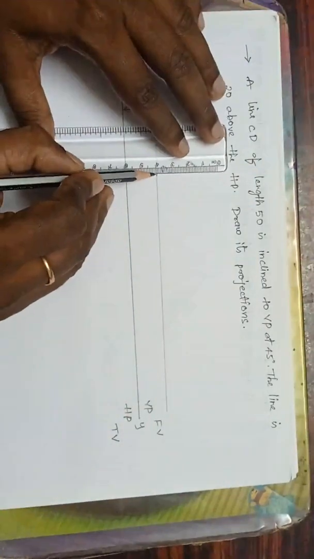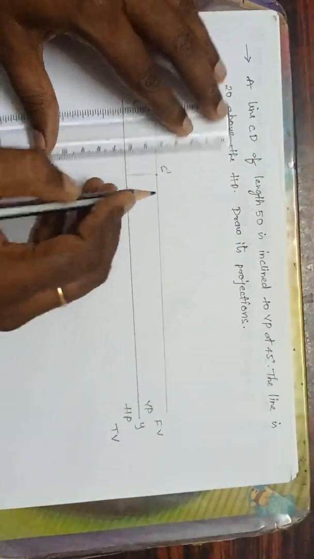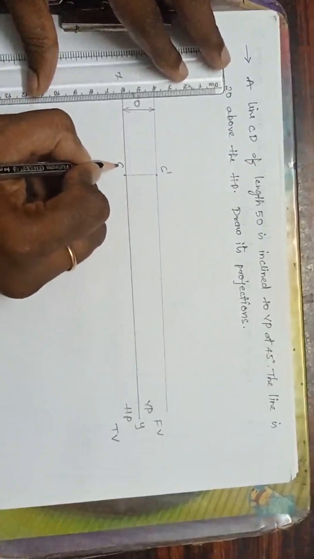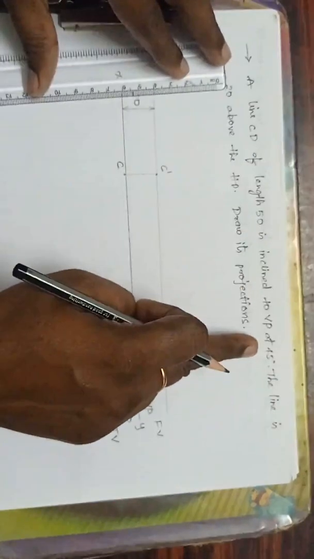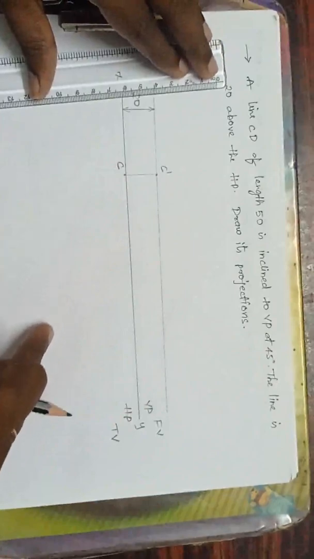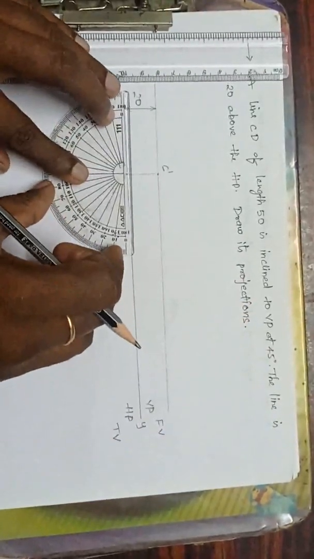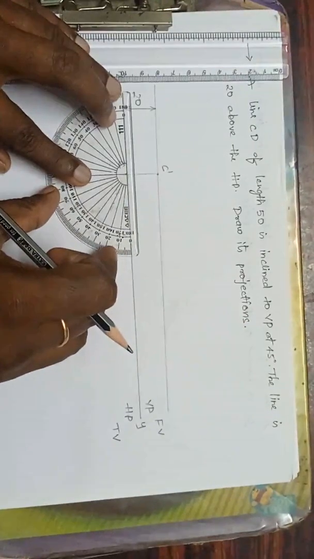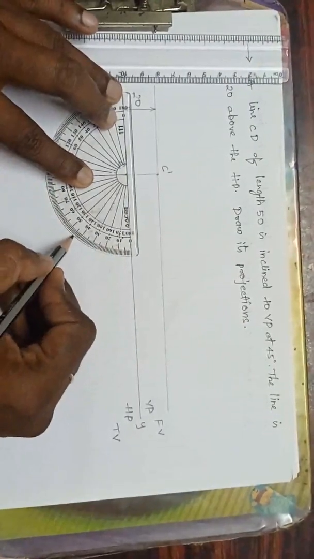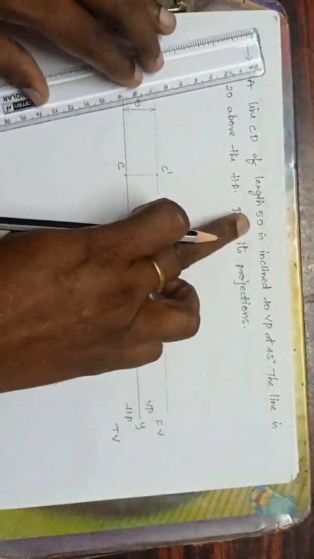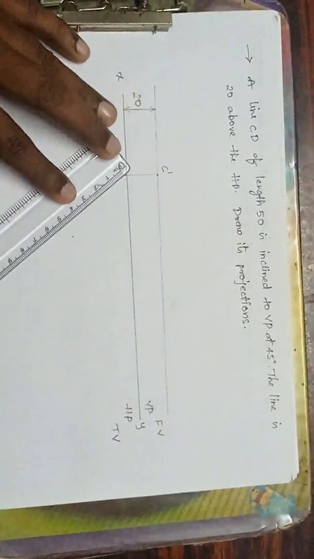The same point I'll consider on the top view, that is C. Since it is inclined to VP, this inclination I will draw on the HP. How much angle? He said 45 degrees, so I will draw the 45 degrees. Now length, how much? Length of the line is 50.